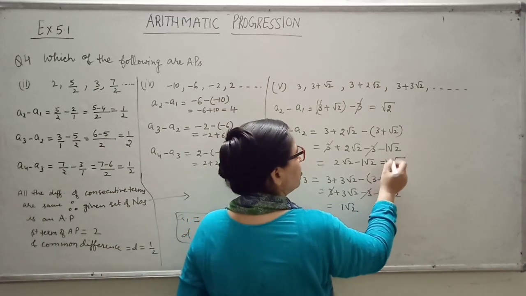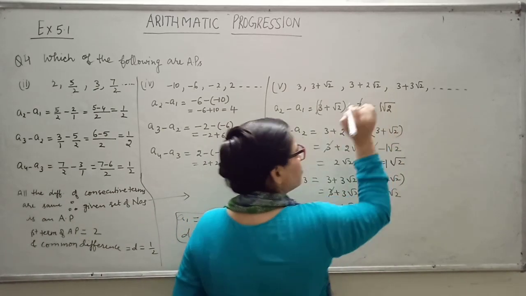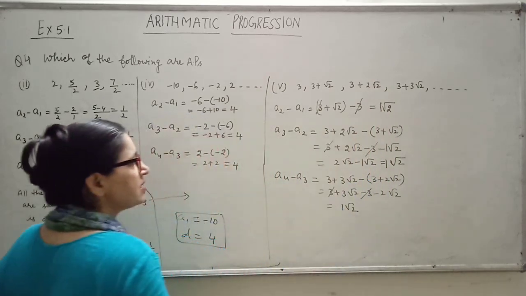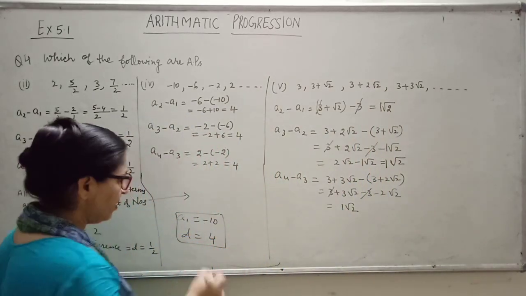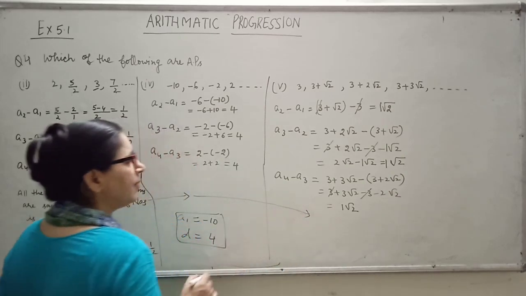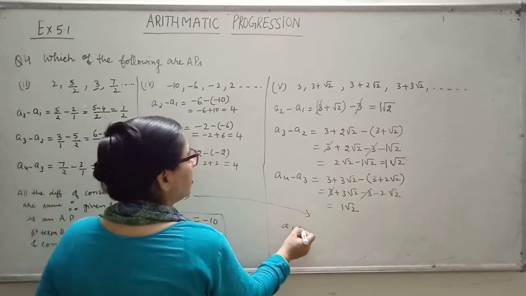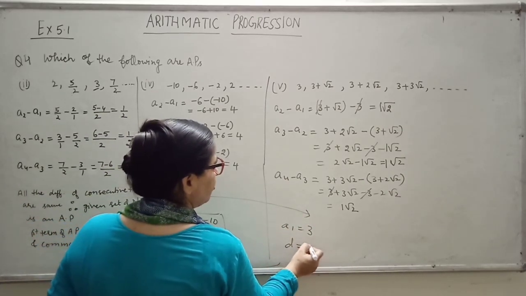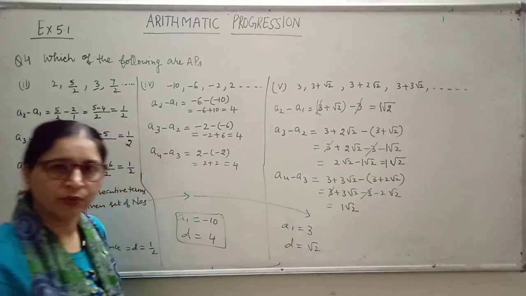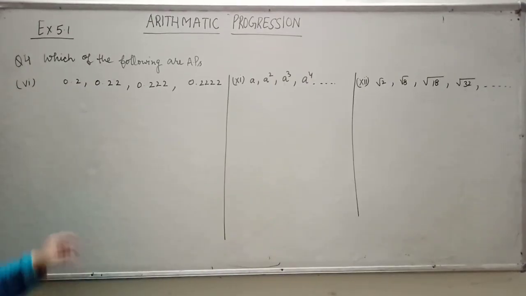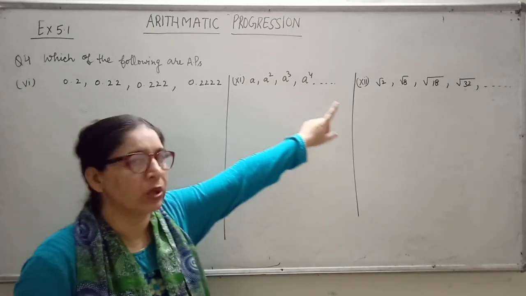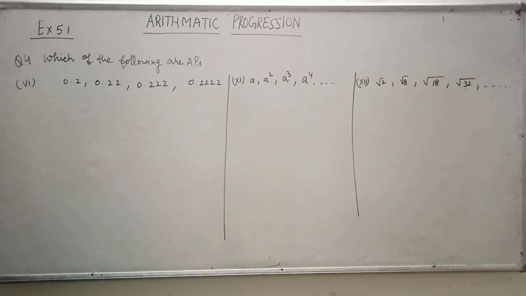This is also root 2, all the differences are the same. Therefore, it is an AP. We will write down the same statement here. And what is A1 here? 3. And what is the common difference? That is root 2. Now I have written the 6th part, 11th part and 12th part of this question number 4.